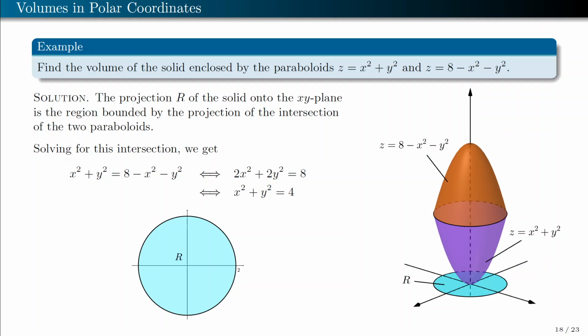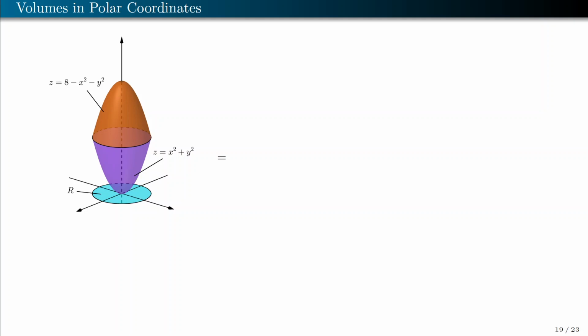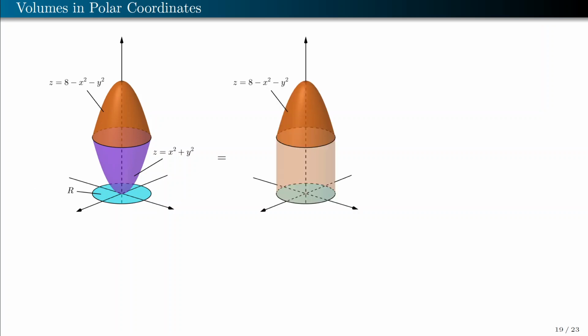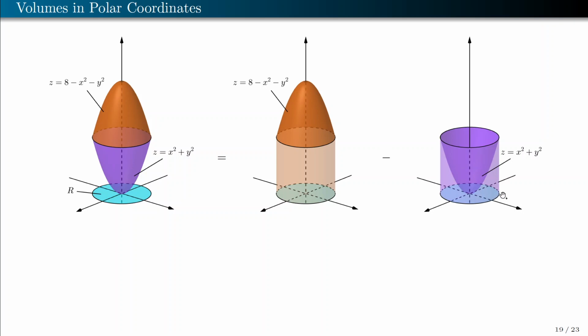Okay, so now we can find the volume of this solid, or at least set up an expression for it. Again, this is the solid whose volume we are finding. Our approach is, first, take the volume between the upper paraboloid and the region R. If we start here, take note, there is an excess, right? This is bigger than the solid we are looking for. So what we will do is subtract the excess, which is the volume under the surface z equals x squared plus y squared above the region R. Why did we write the volume as a difference of these two?